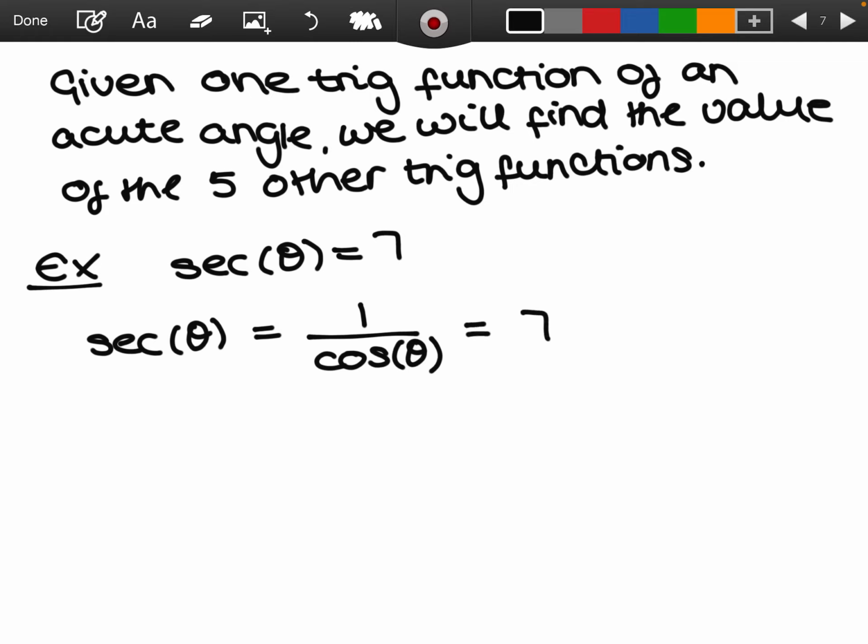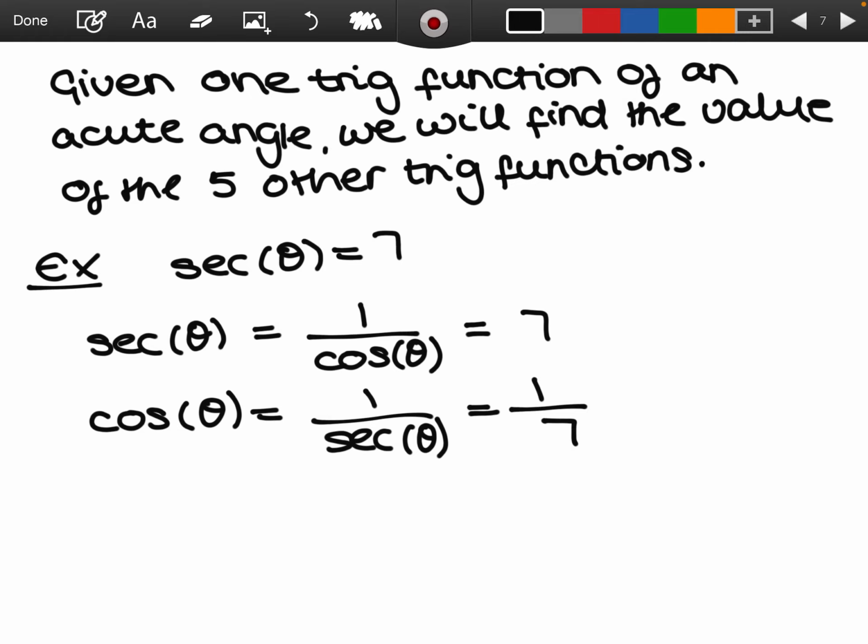So if that equals 7, I know if secant is the reciprocal of cosine, then cosine is the reciprocal of secant, meaning that I can get cosine of theta by doing 1 divided by secant of theta, which tells me that cosine is 1 over 7.